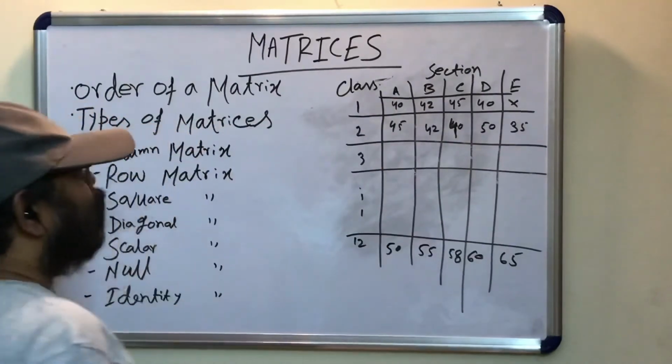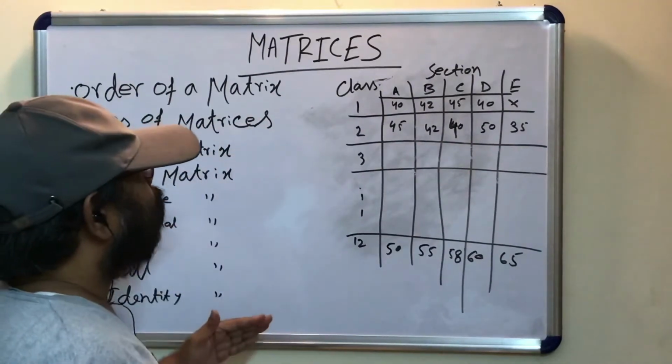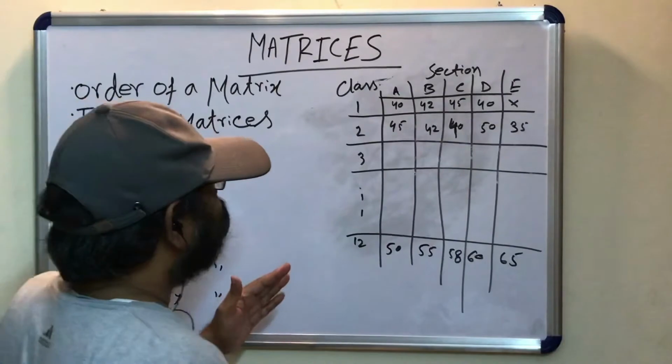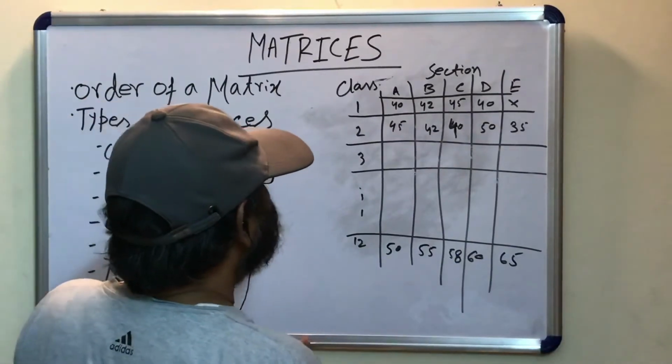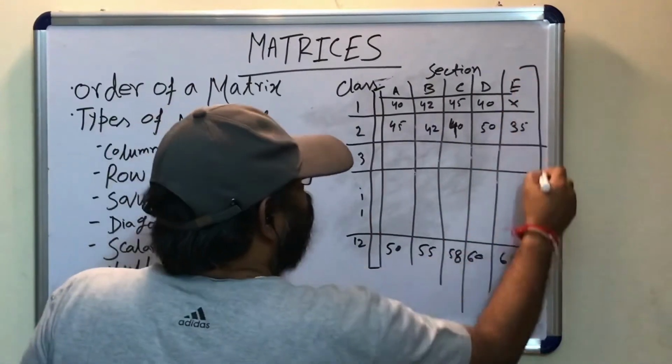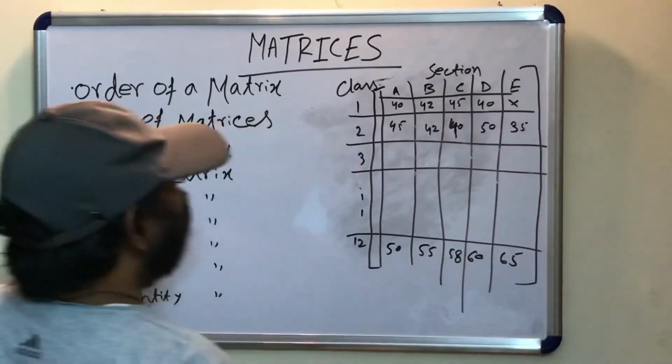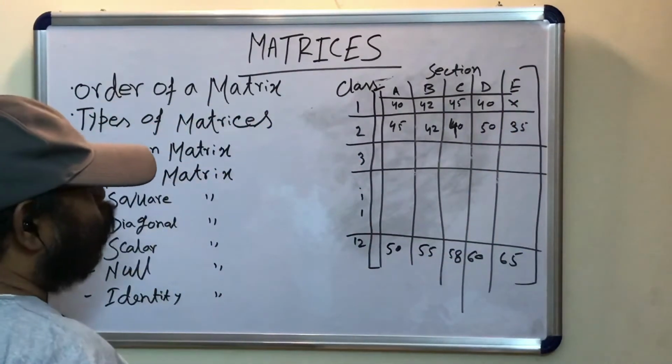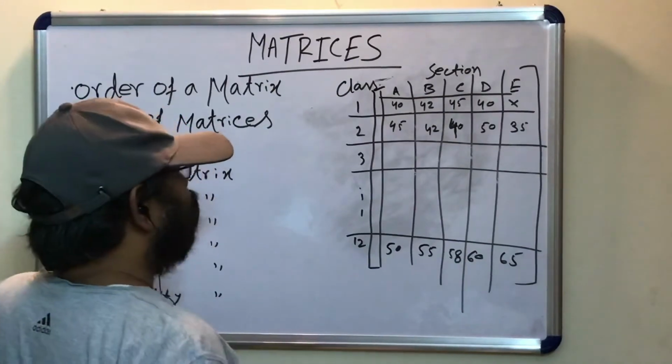Now, this particular thing we can easily arrange in a matrix form. That will be a matrix of 12 rows and 5 columns.